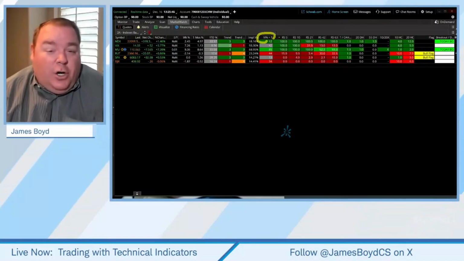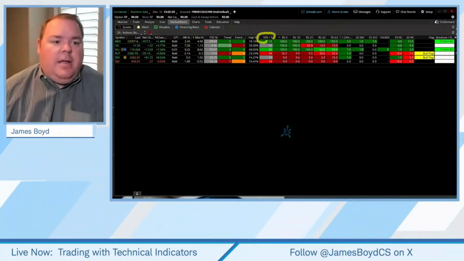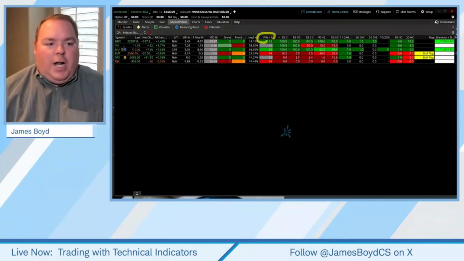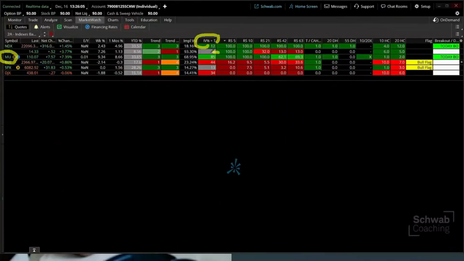It just tells us where the current IV is relative to where the low and high have been. So think of it like a percentile ranking, okay? What's the implied volatility now versus the low and high? Now, what do we see on MU? Huh, my gosh, it's at the 85th percentile, okay?